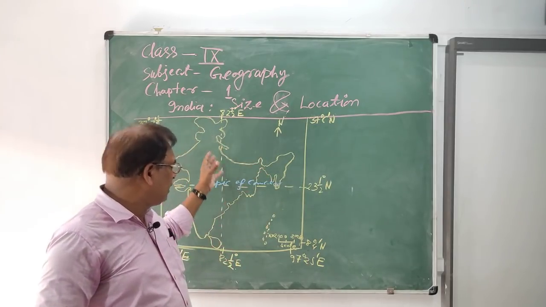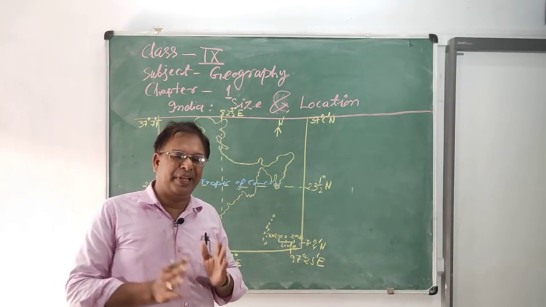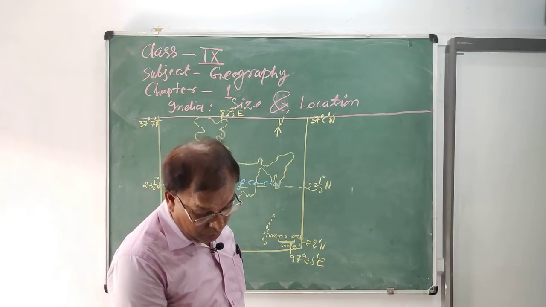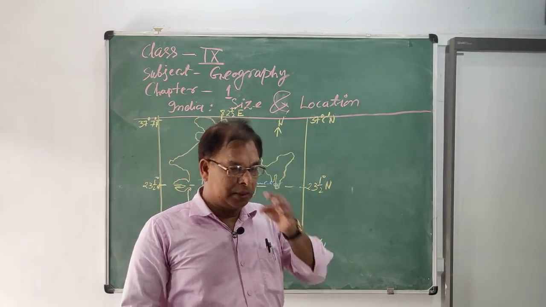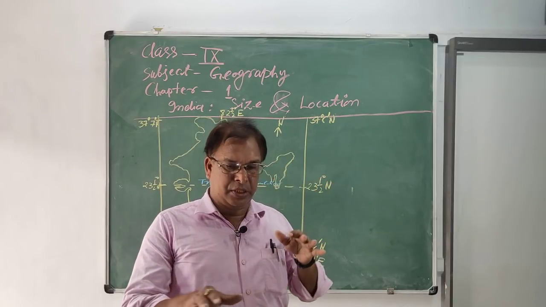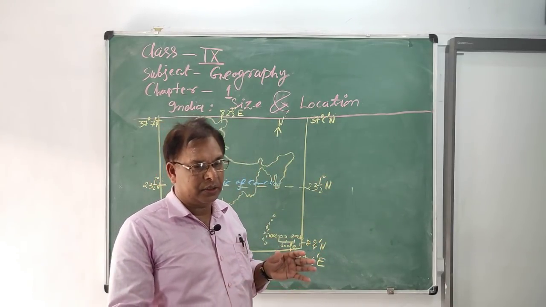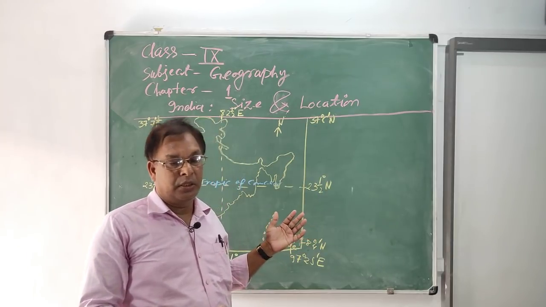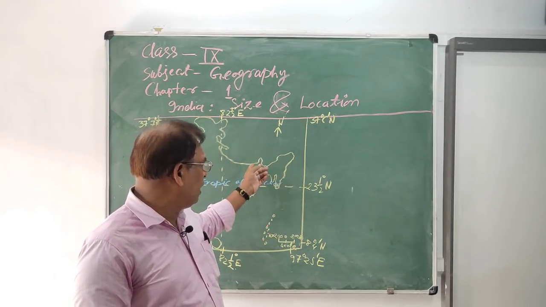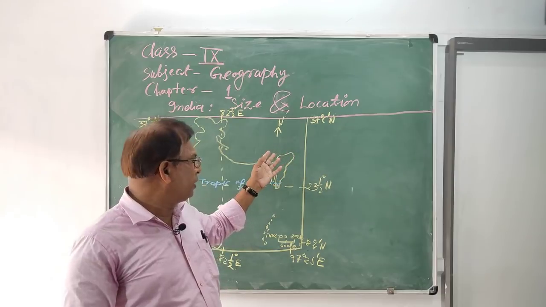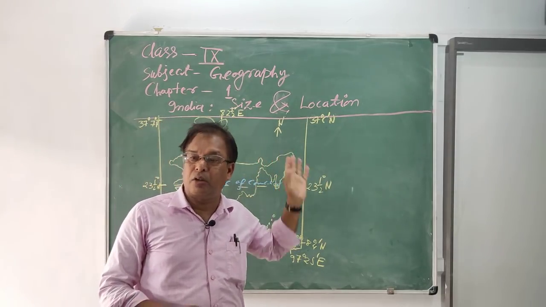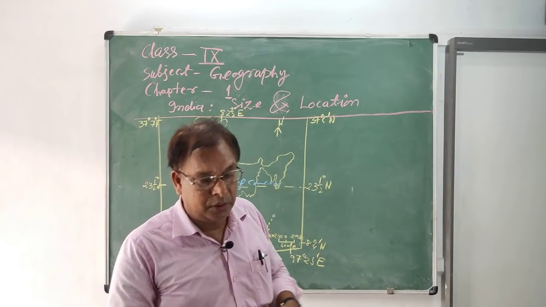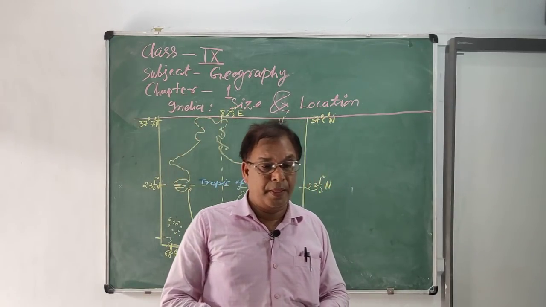Because in these areas many perennial rivers flow continuously, eastwards or westwards. All these rivers mainly originate from the Himalayan regions, which lie in the northern part of India.